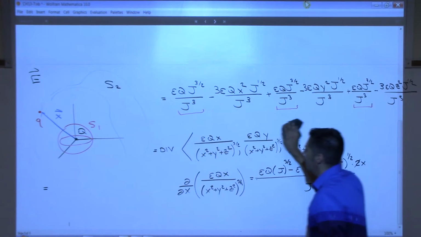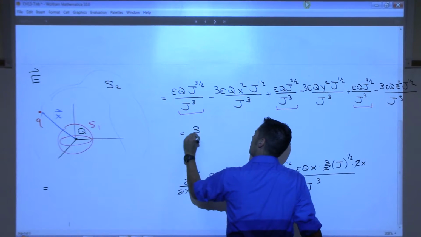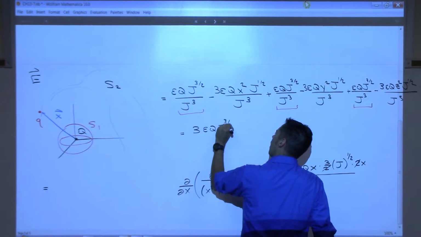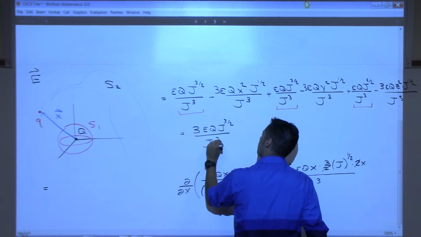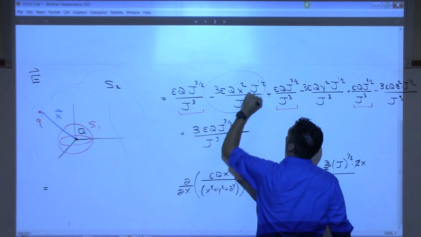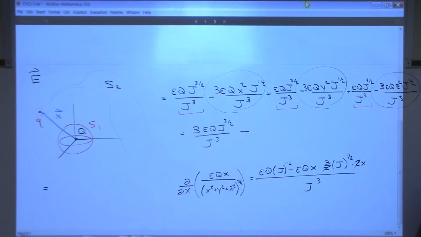Okay, so I have 3 epsilon q junk to the 3/2 over junk cubed minus, now these all have a minus, right? How can I write that?